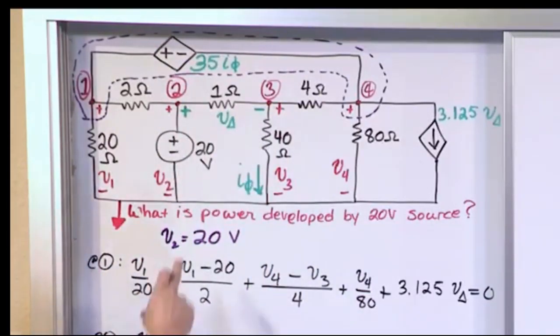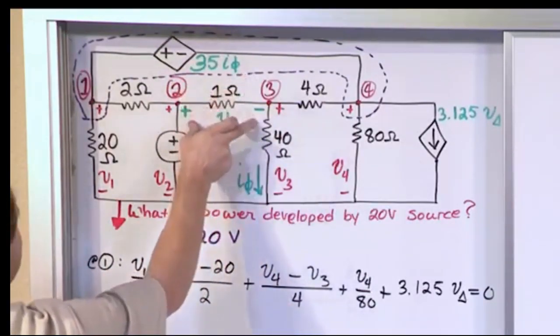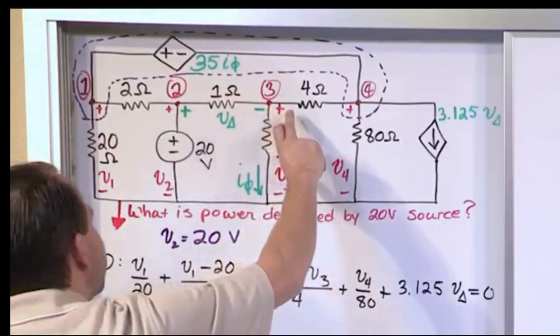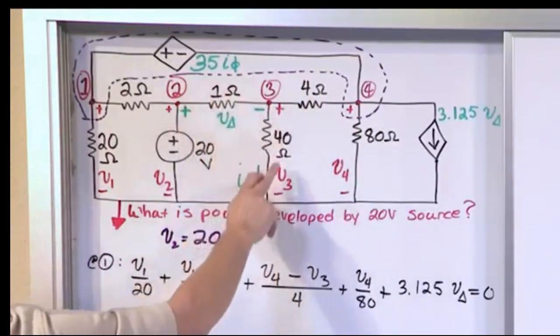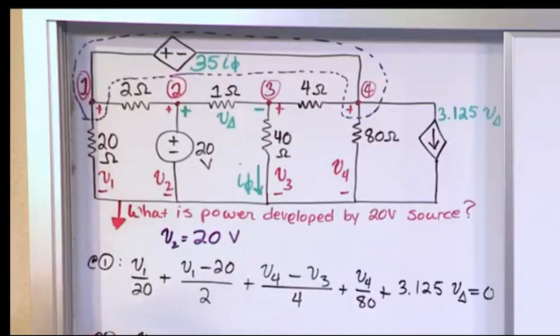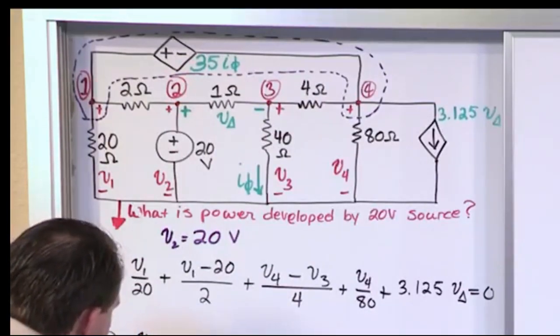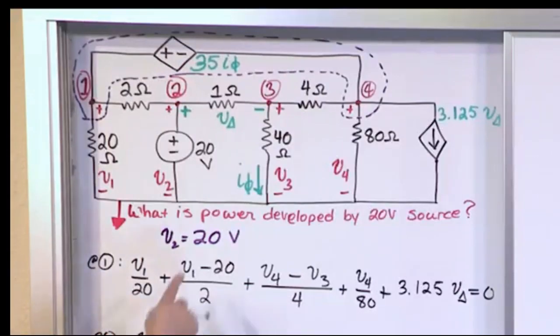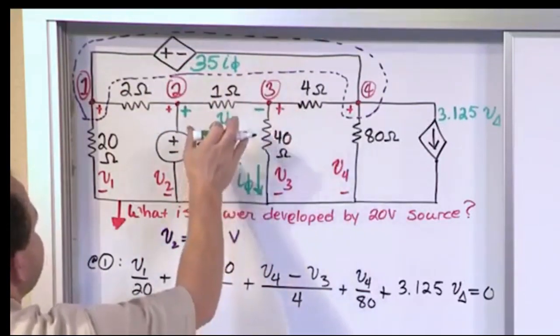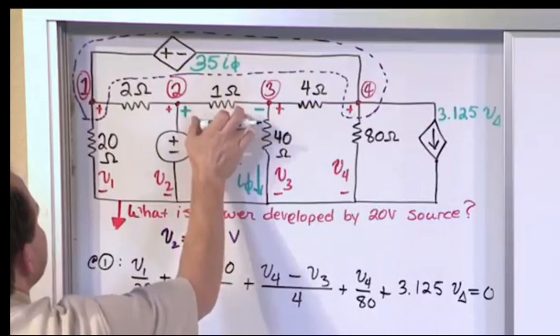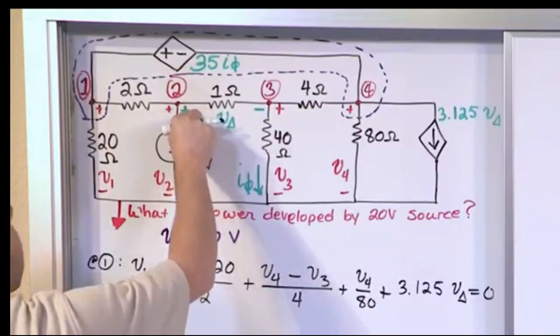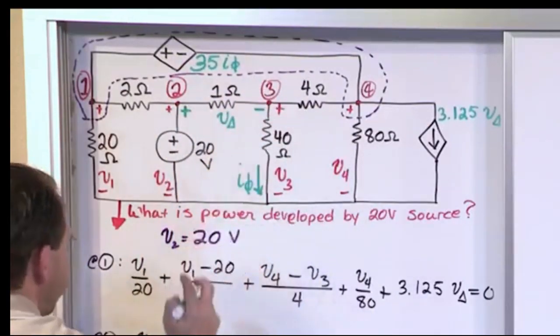So notice we have a 20 volt source here, we have V delta here, and we have V3 here. So this is easy to write a constraint equation, because we know V delta is equal to, notice what we do all the time in node voltage, when we're trying to find the voltage across this resistor, it's 20 minus this guy over here, V3.